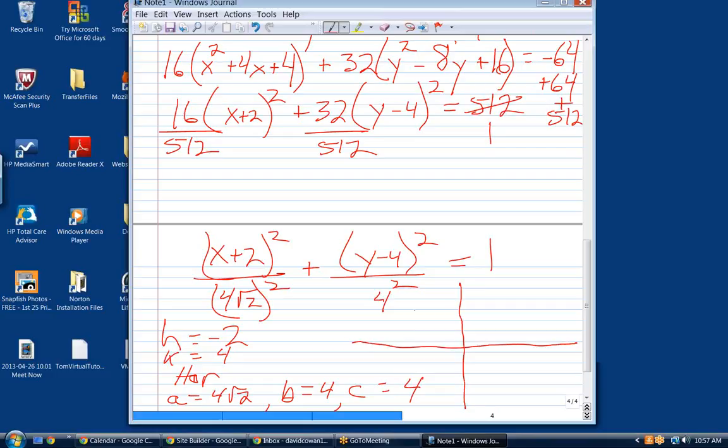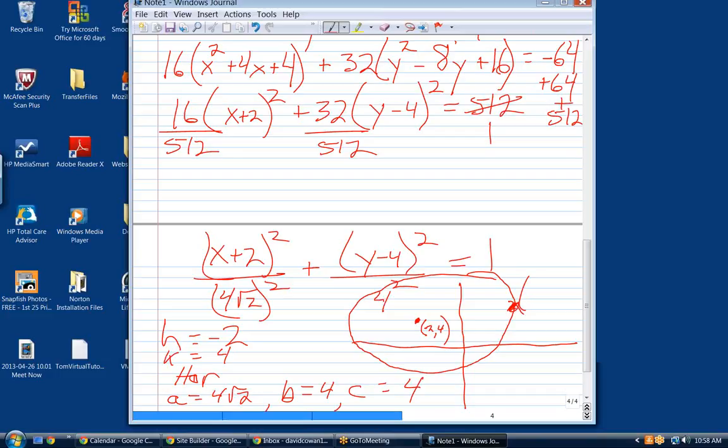So our center is right here, and that is minus 2 comma 4, and it's horizontal. A is 4 root 2, B is 4, so it goes on the other side. Something like that. What are the coordinates of this vertex? So that would be 2 plus 4 root 2 and 4.